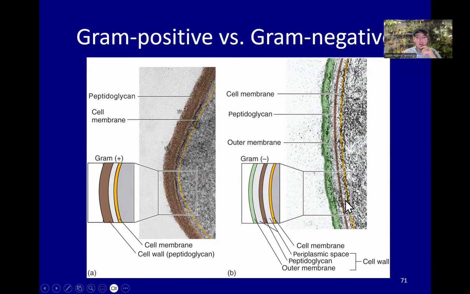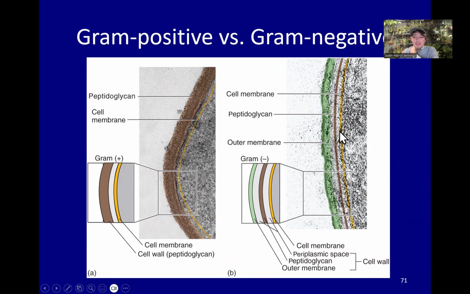With the positive, positive stains purple, just so you know. It has a very thick peptidoglycan cell wall, and it only has an inner membrane and lacks that outer membrane. So it has two layers: the inner membrane and a thick peptidoglycan cell wall.